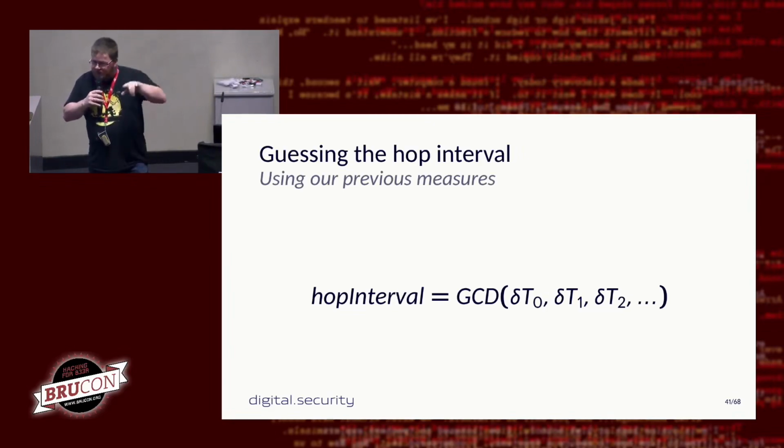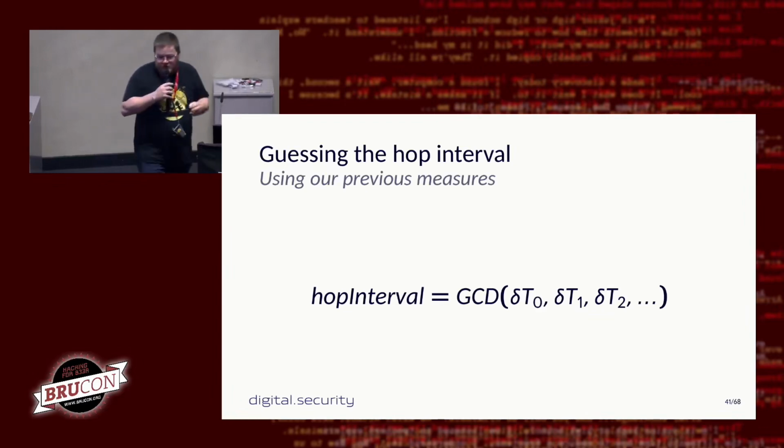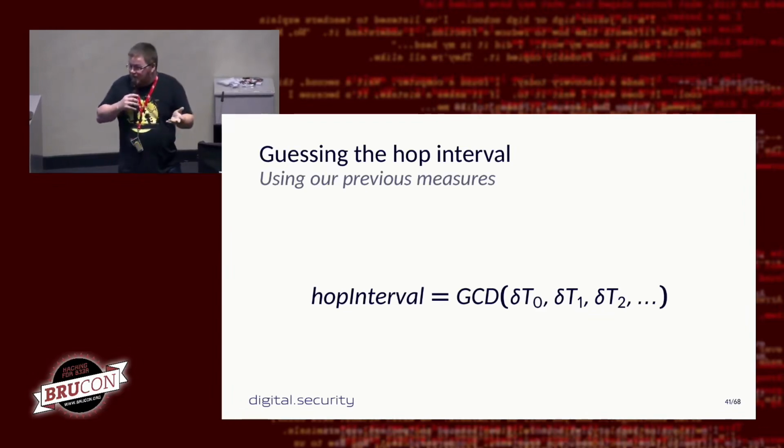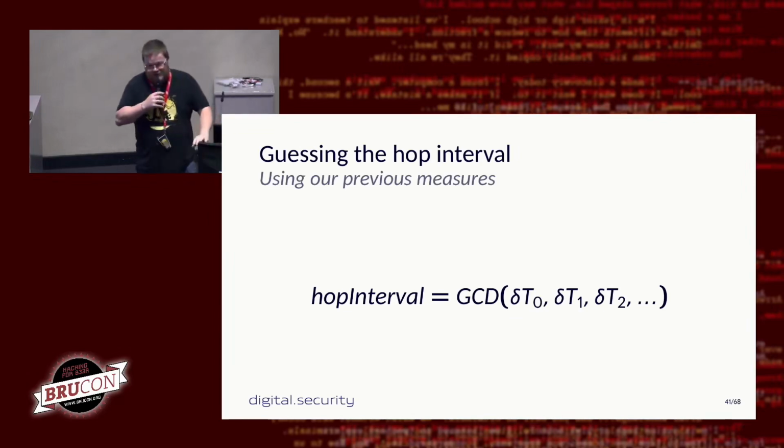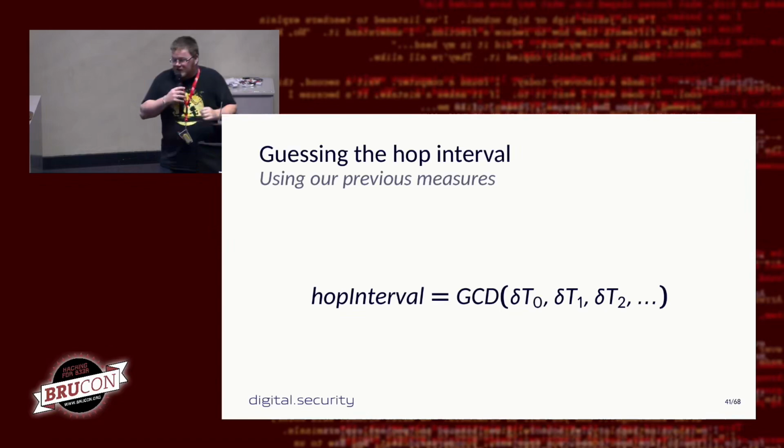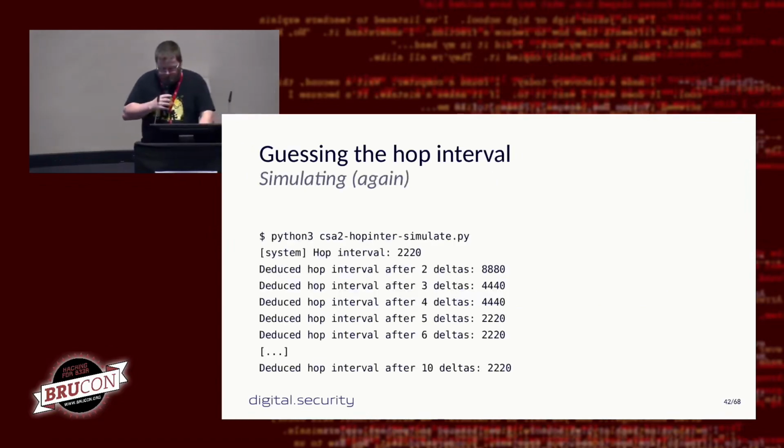So the time span between these hops is obviously a multiple of the hop interval. If we use the GCD, the greatest common divisor, then we can get this value mathematically. So if you get enough measures, then you can deduce this hop interval.